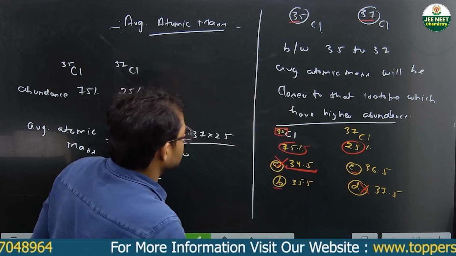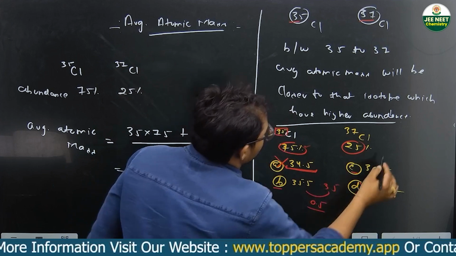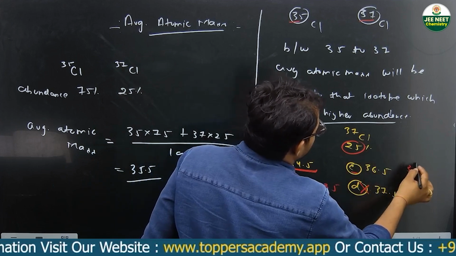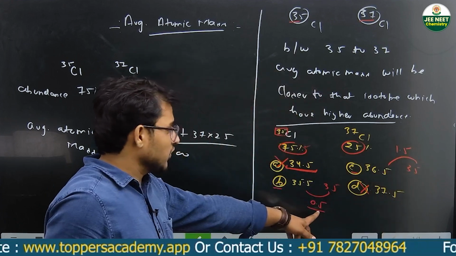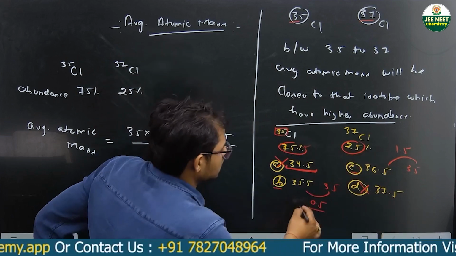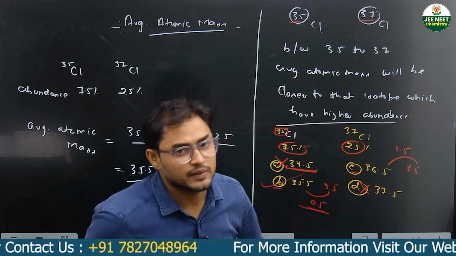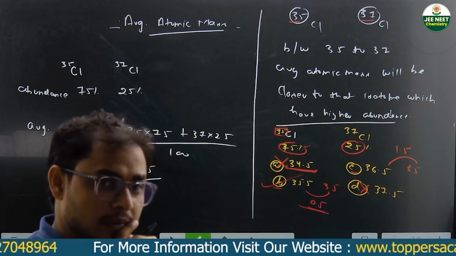How will you check? You write 35, what is the difference? 0.5. You write 35, what is the difference? 1.5. Here there is a difference of only 0.5, there is a difference of 1.5, so this is very close. So that will be the answer, that means 35.5 will be the right answer, right?